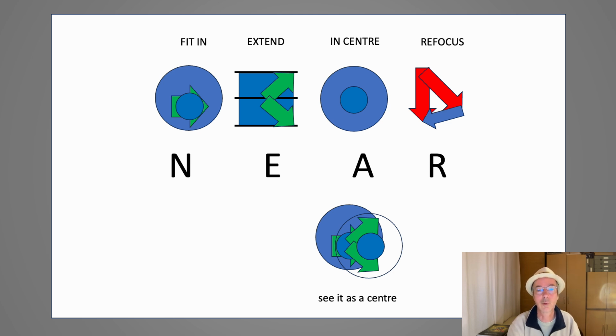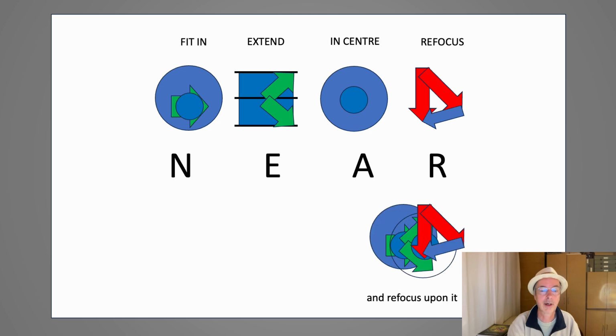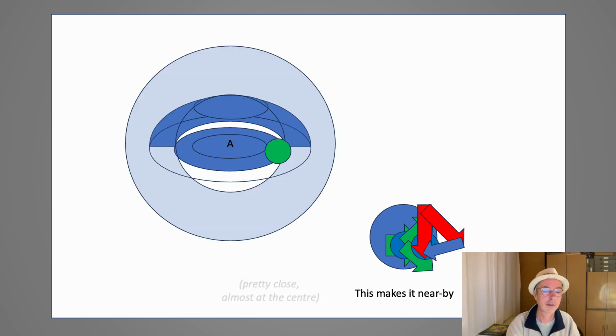And now what I do when I refocus it, I put this refocus on top, and I have, of course, I'm quite nearby where I started, and this makes it also nearby. Where do I have it when I put the marble and the cup? I have it, of course, pretty close to the center.